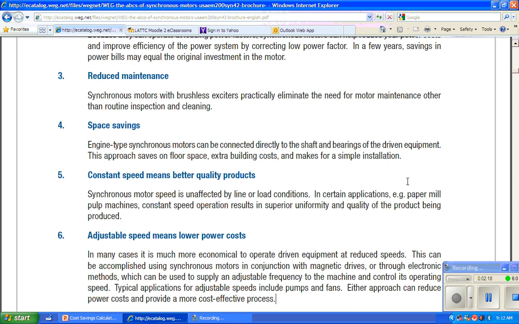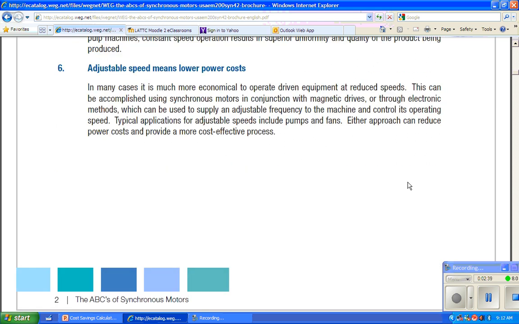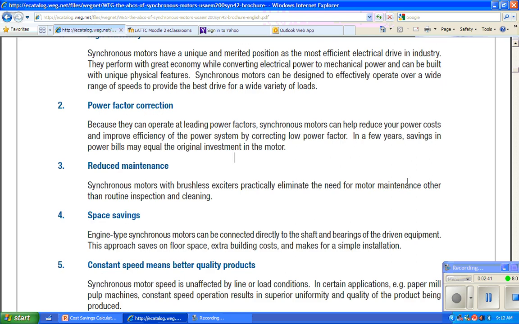This is an induction motor that does not have slip. Adjustable speed means lower power costs. In many cases it's more economical to operate driven equipment at reduced speeds, and that's true. So you can vary the speed of a synchronous motor. They're pretty advantageous motors, right?